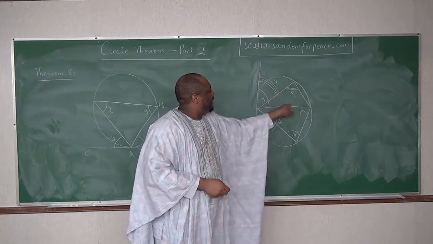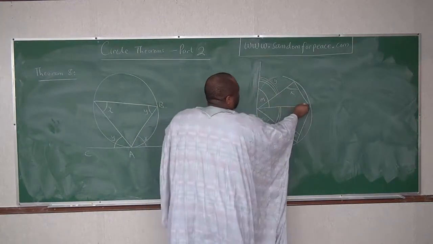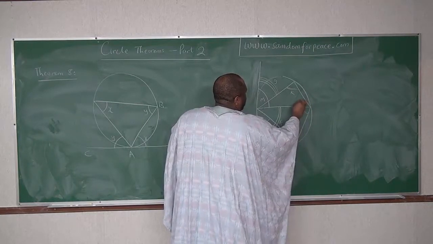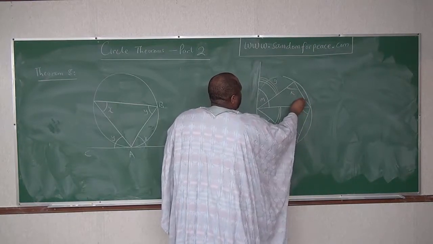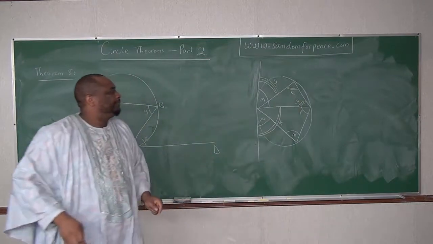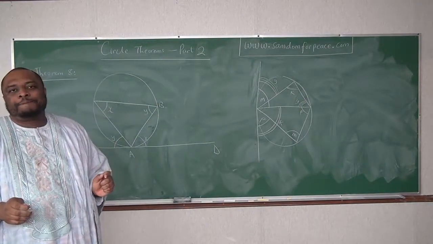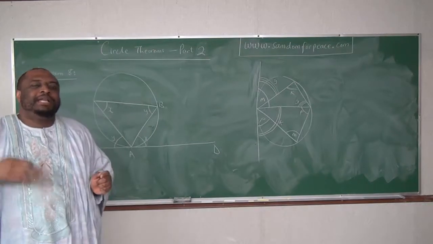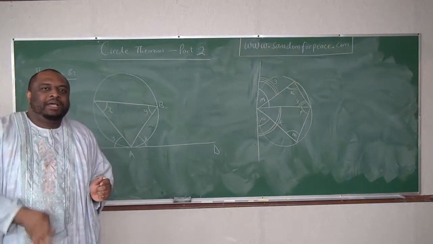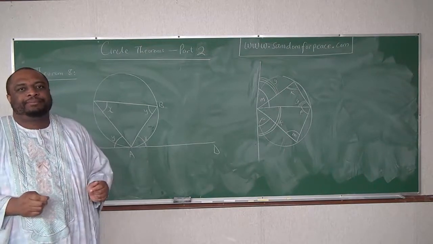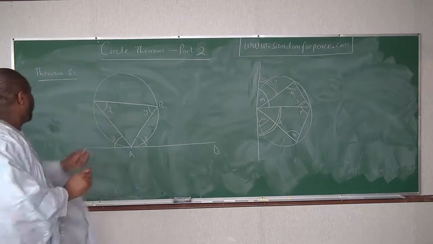This is a triangle here, and it's going to be equal to this angle here, angle G. That is how it works. The angle between a tangent and a chord is equal to the angle in the alternate segment. Okay, that is theorem 8.